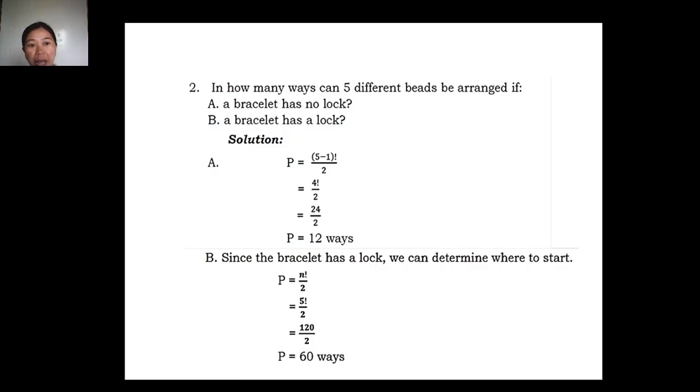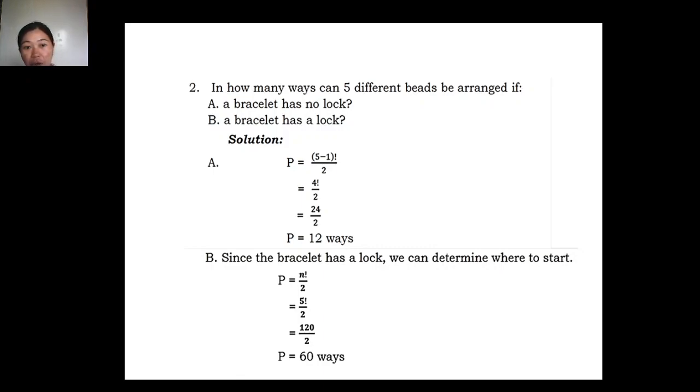So, dun sa letter A, if there's no lock, gagamitin natin yung formula na quantity n minus 1 factorial all over 2. That's why we have P is equal to, kung meron tayong 5 different beads, substituting in the formula n minus 1, so we have 5 minus 1 factorial, then divide it by 2, will give us 4 factorial over 2.